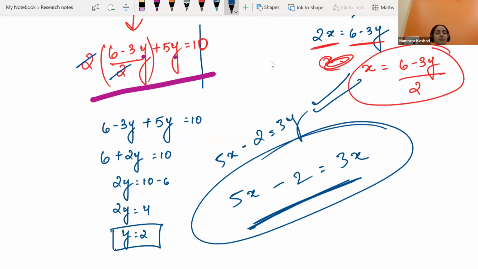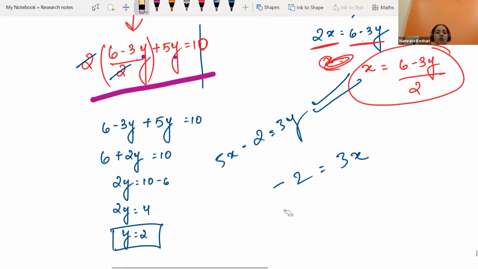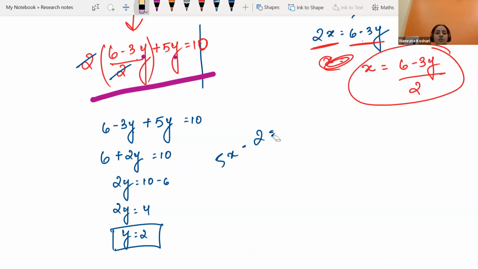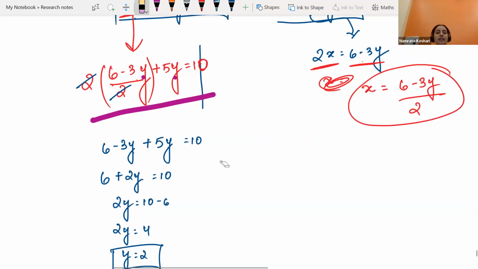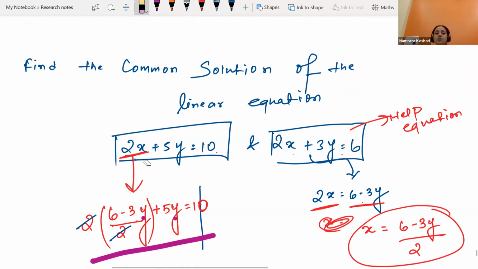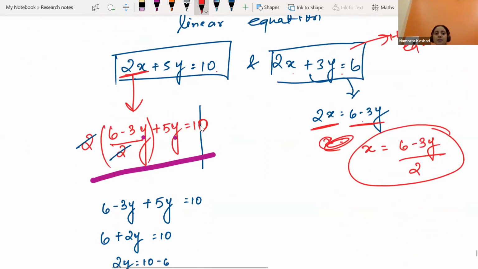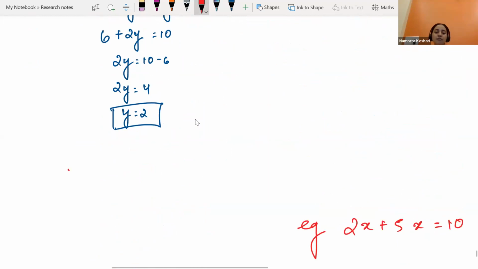Now, what is x? Because solution means x value and y value. So let's take out the x value. We can substitute this y value in any one of the equations, either the first one or the second one. You will be getting the same x value. Suppose we are substituting y is equals to 2 in the first equation. 2x plus 5y is equals to 10.